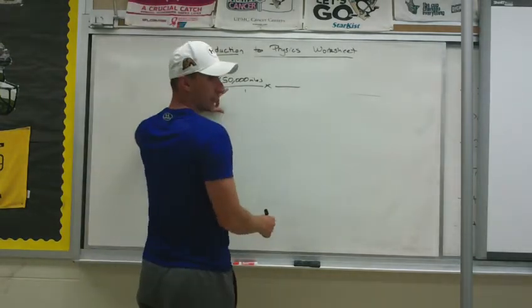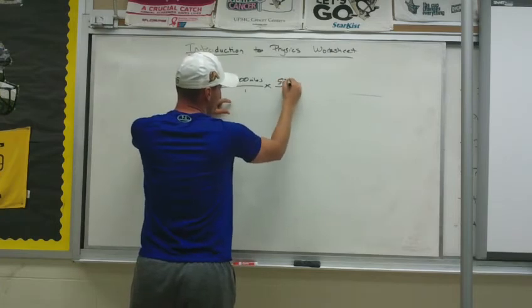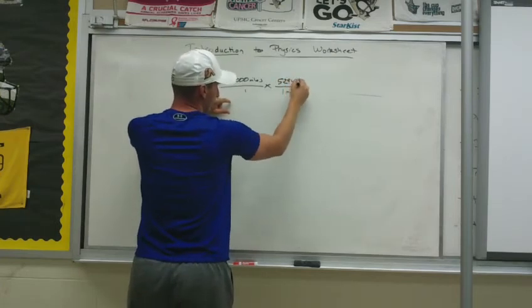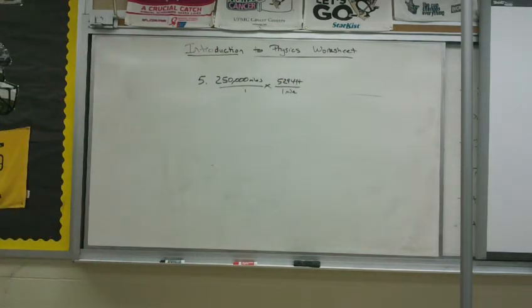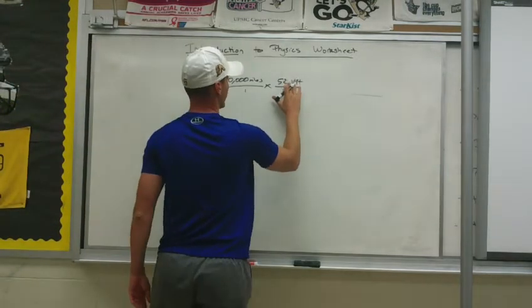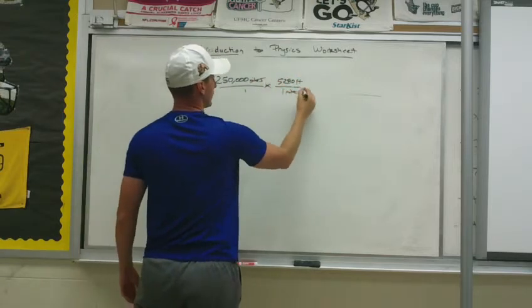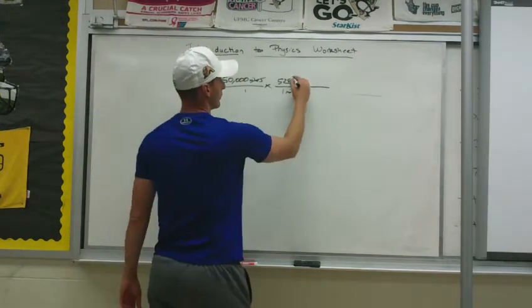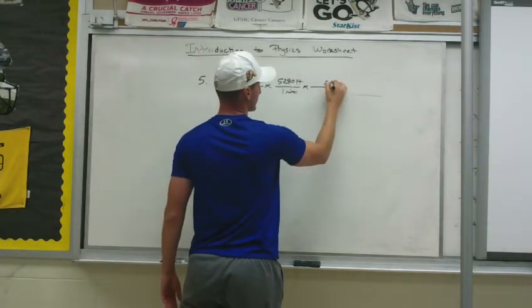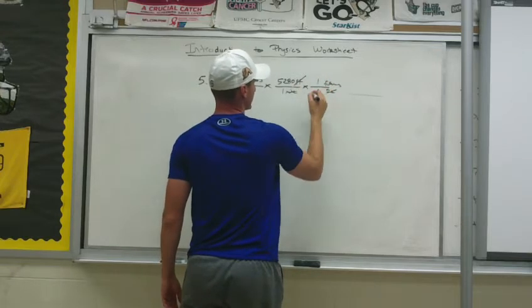All right, so we're going to get rid of miles here, so we know that 1 mile is equal to 5,294 feet. Let me double check that. 5,280 feet, sorry. All right, miles cancel out. I want to get rid of feet to go to fathoms. So feet cancel, go to here, fathoms. On top, 6 feet is 1 fathom.